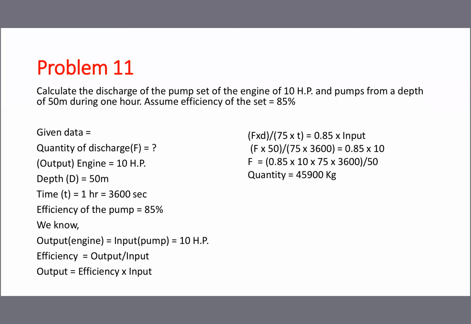Now the output of the pump formula we know, our usual formula, FD by 75T. The output power of the pump formula, actually the pump is doing the work. So FD by 75T. Efficiency is already given, 85%, it is nothing but 0.85, divided by 100. So 0.85 into input.